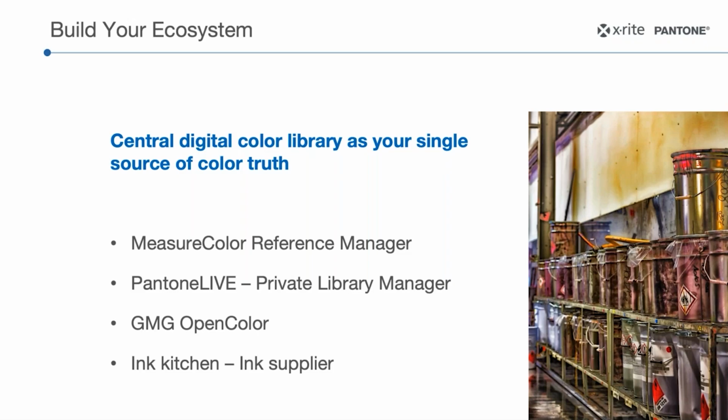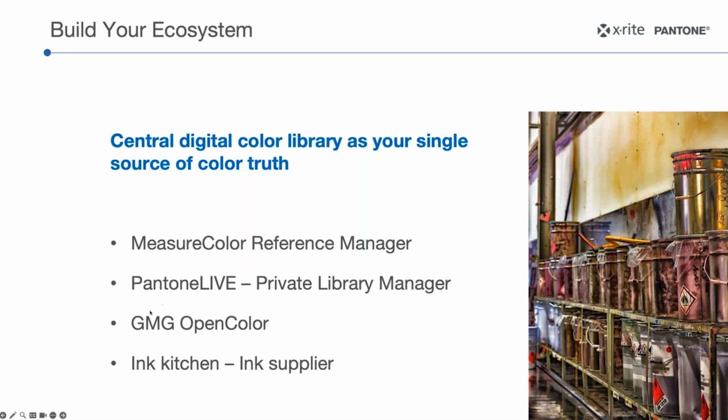So MeasureColor, because it can integrate in that complete workflow, can become your single source of truth in combination with Pantone, Pantone Live, and the Private Library Manager, for example. But it is important that with MeasureColor, you create a central place where all your color targets are available. And then, of course, hopefully, just one version of that brand owner color.